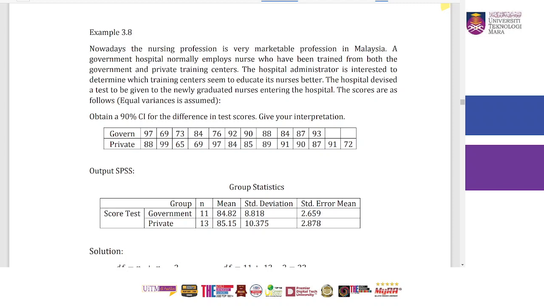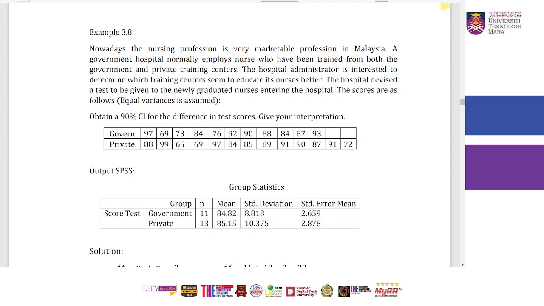A government hospital normally employs nurses who have been trained from both the government and private training centers. The hospital administrator is interested to determine which training centers seem to educate its nurses better. The hospital devised a test to be given to the newly graduated nurses entering the hospital. The scores are as follows.